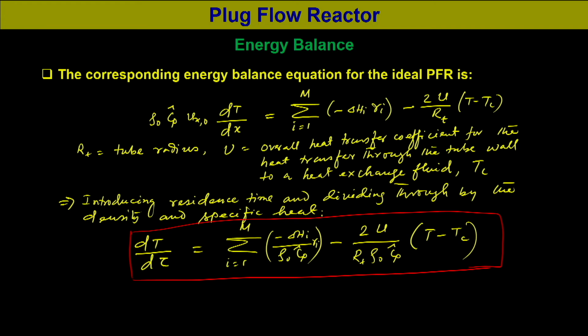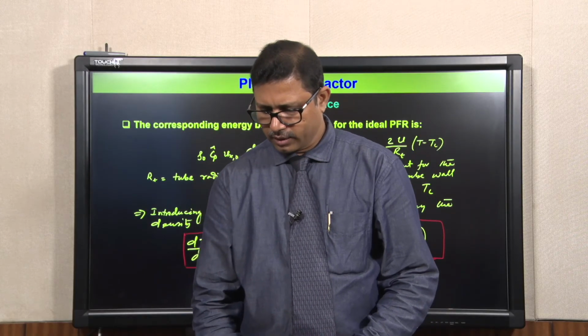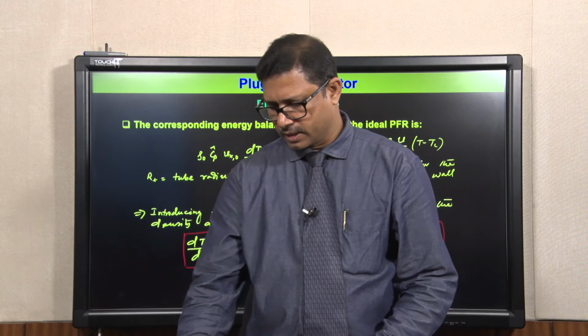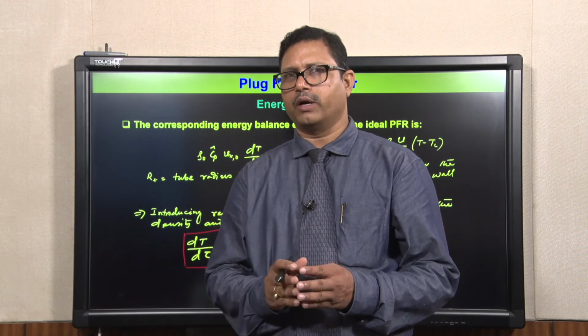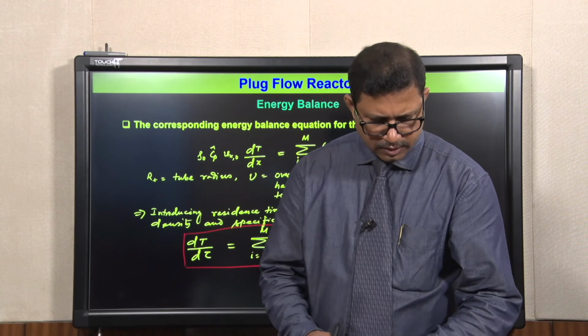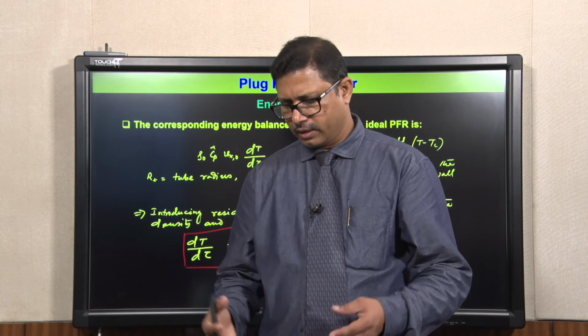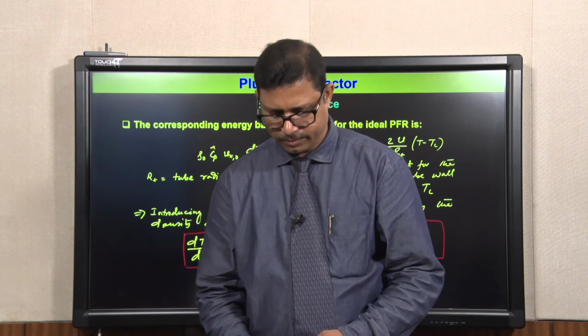So, this is almost identical with the energy balance equation of the batch reactor, the only difference is the form of the heat transfer through the wall, and this is valid for non constant density and constant density as well.